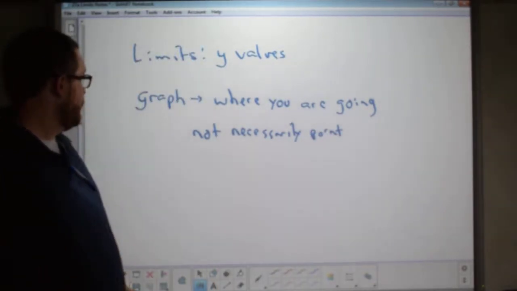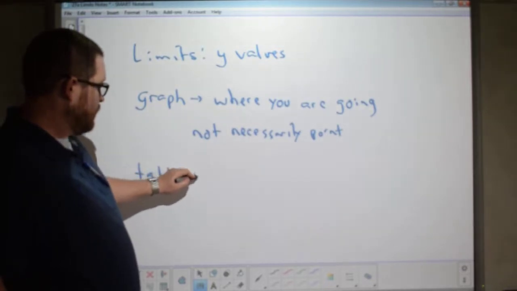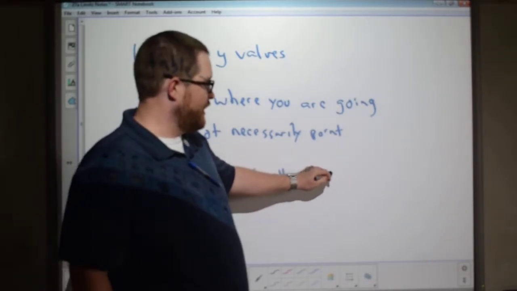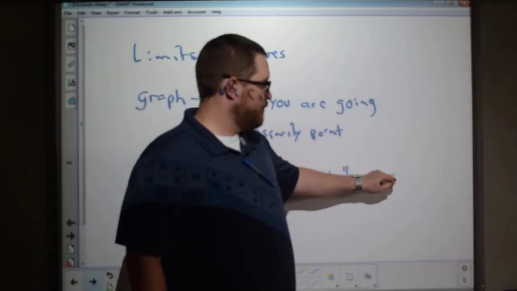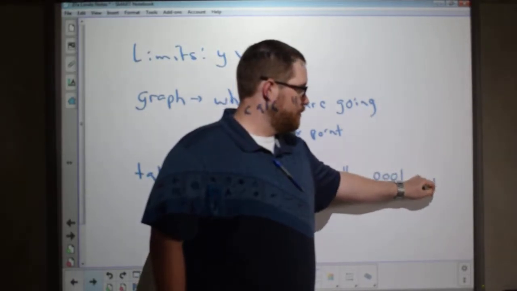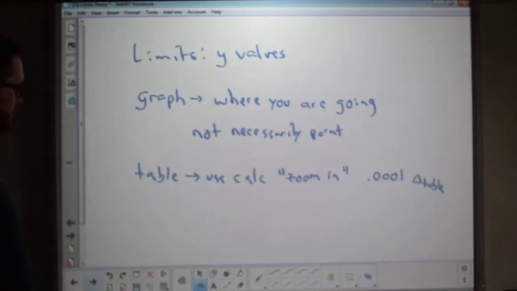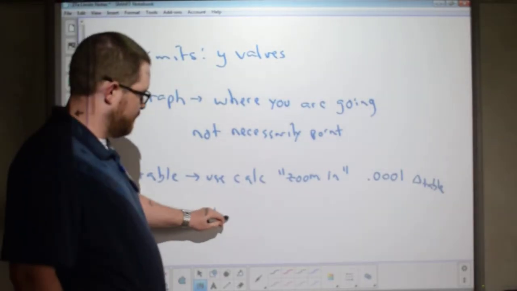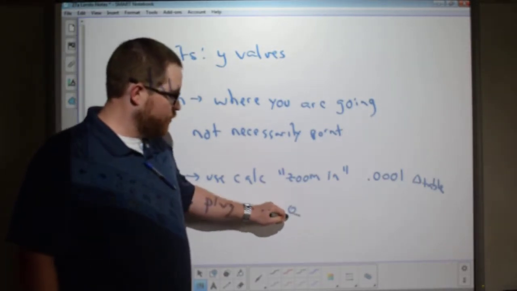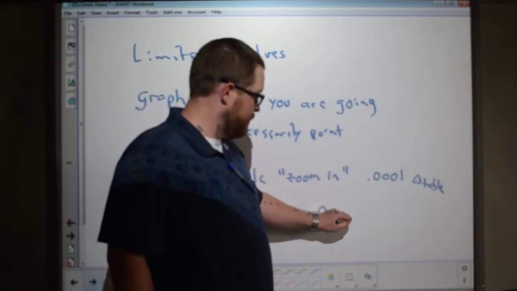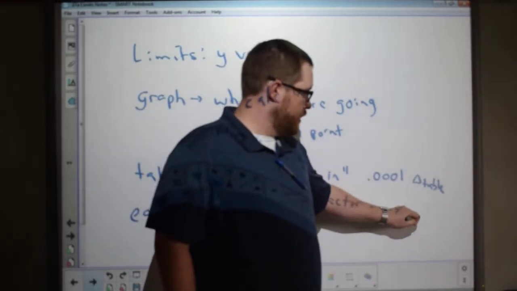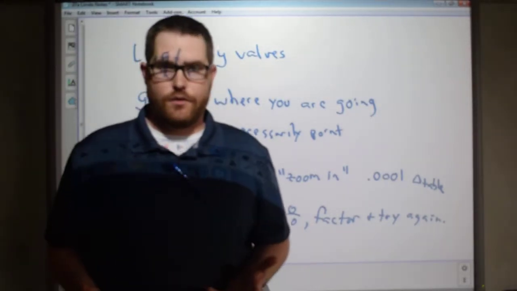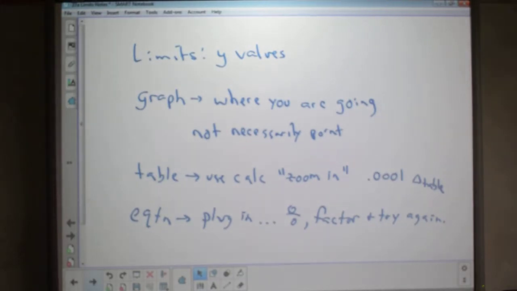On a table, we're going to use the calculator, and we're going to zoom in on the table by having a small delta table. We're going to zoom very far in. As an equation, as a function, we're just going to plug in. If we get 0 over 0, we're going to factor and try again. Those are all the simple types of limits. The next video will show more complicated ways to do limits.